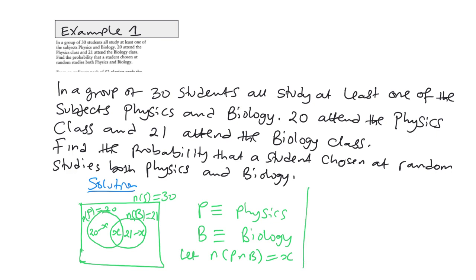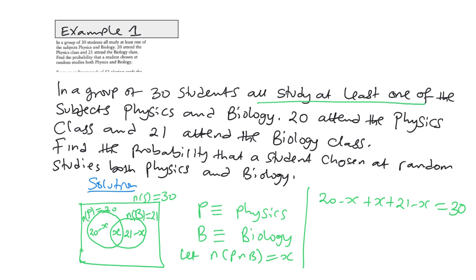So how do we go about that? How do we find x? We know that 20 minus x, plus x, plus 21 minus x, should give us 30 students. We have been told in this class that there is this statement which is so important: all the students study at least one of the subjects.